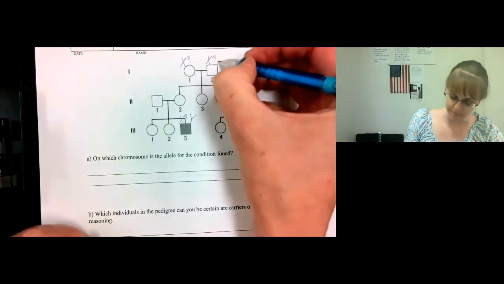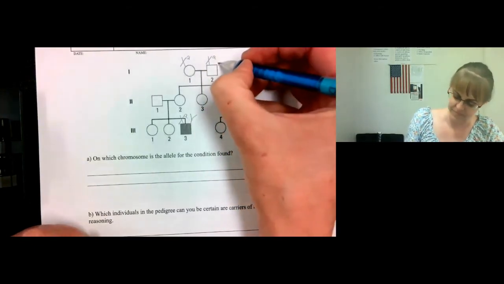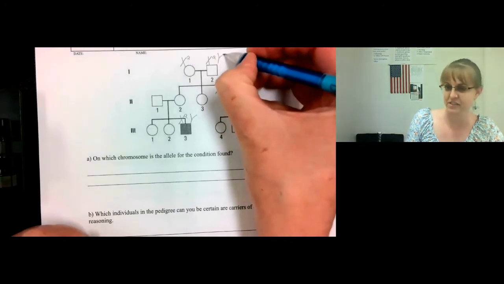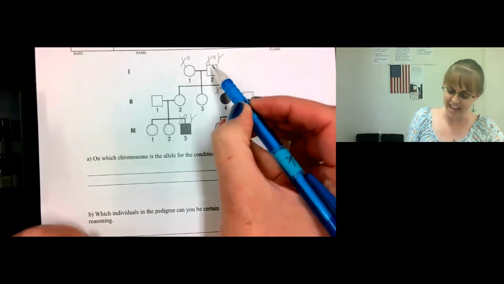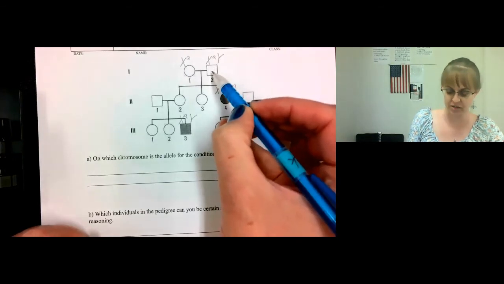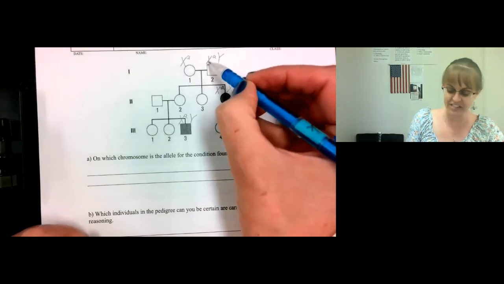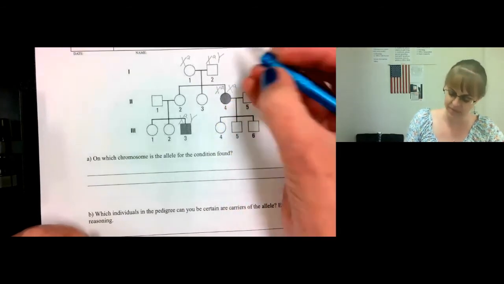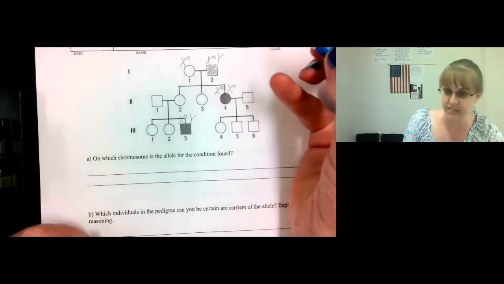So we have a problem. They have incorrectly colored this. But I think that was on purpose, so you would have to figure out who's a carrier. This dad has to have the condition because there's no X to cancel out this X with the recessive condition. So he has this condition, whatever it is.